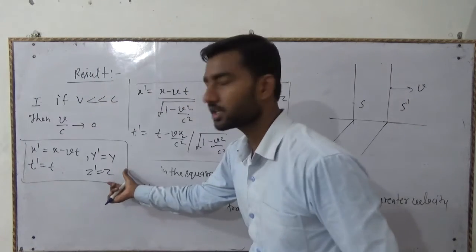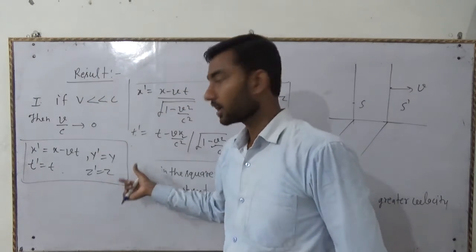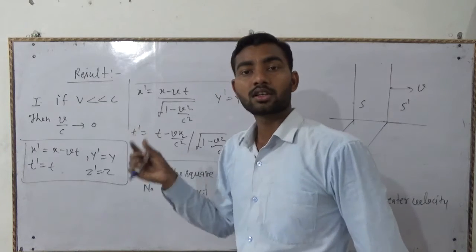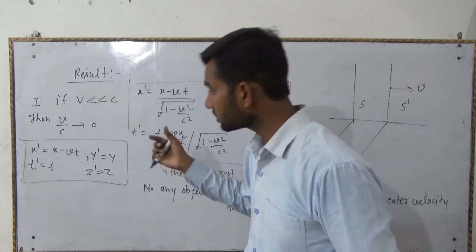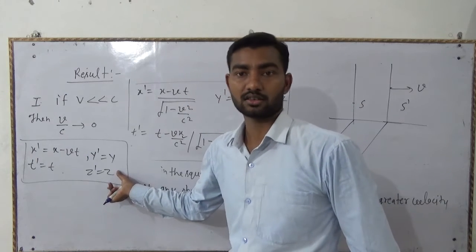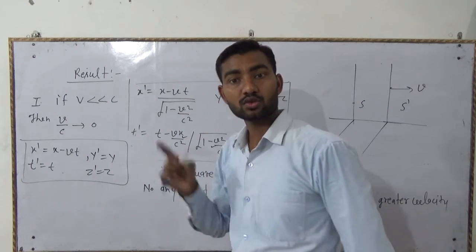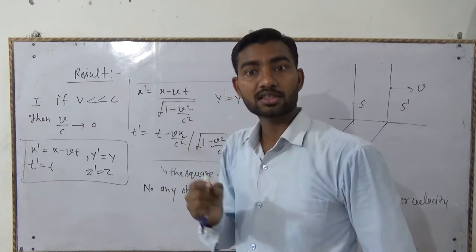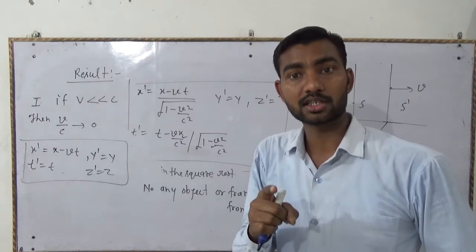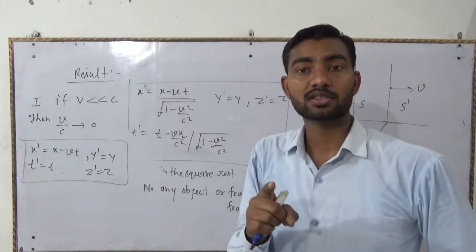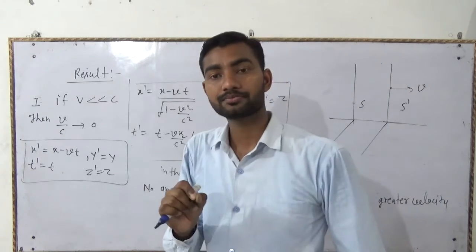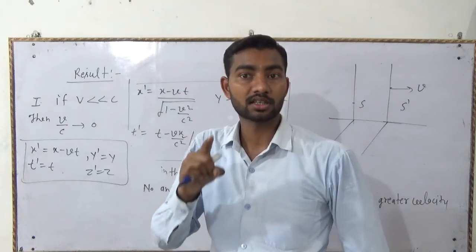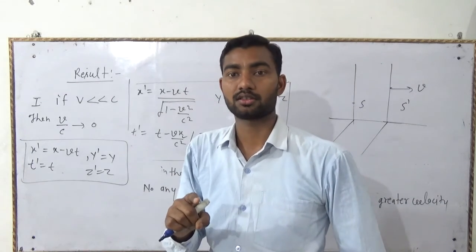Attention please, here a very important result we have found, and this result we proved at the start of this paper, and it is known as the Galilean transformation. We told in the previous lecture, at the start of the special theory of relativity, that the Galilean transformation always holds very well for speeds much less than the speed of light.